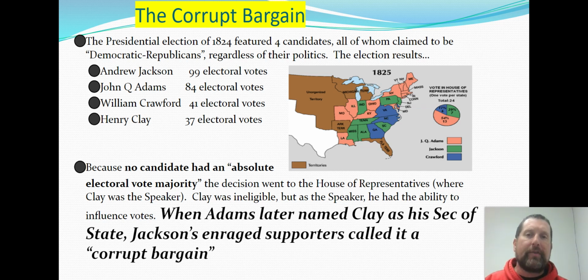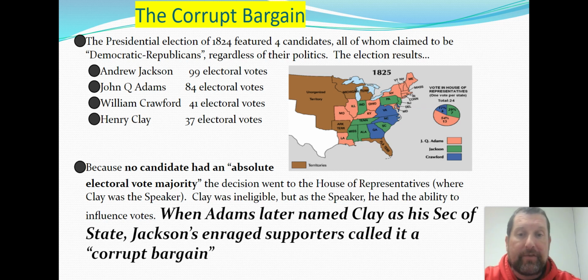In the House of Representatives, each state delegation gets the equivalent of a single vote. So whatever political party holds more states in the House would hold the power in that runoff of a presidential election, if you will. A very rare thing that happens, though it has happened a couple times, including here in 1824.